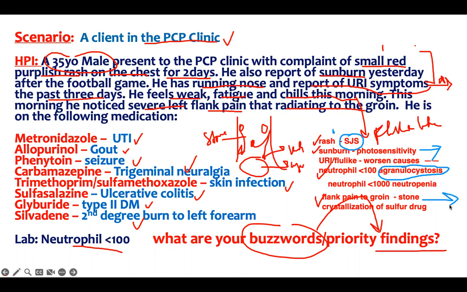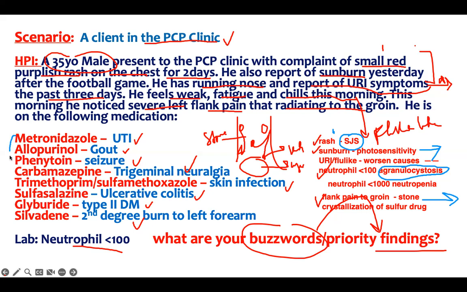Stone formation, not that bad. But these two you cannot prevent: you cannot prevent Stevens-Johnson syndrome and agranulocytosis. You can prevent and help eliminate the progression of taking a sulfa drug and developing stones or photosensitivity.